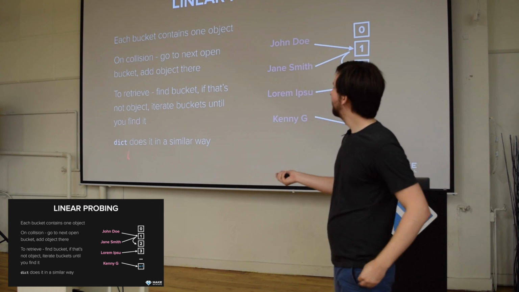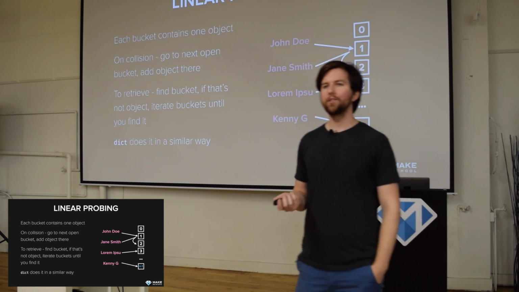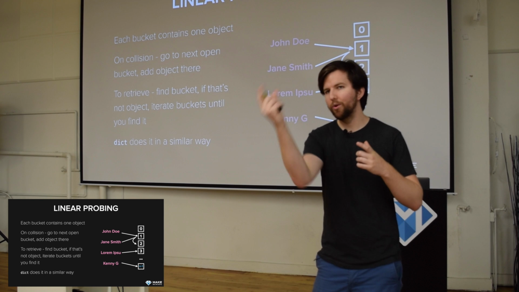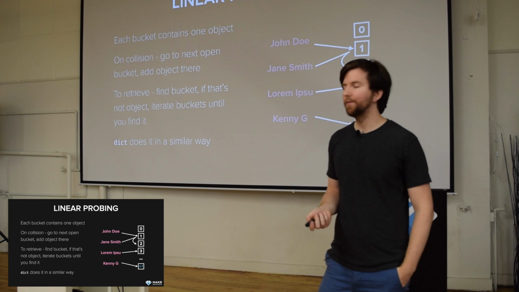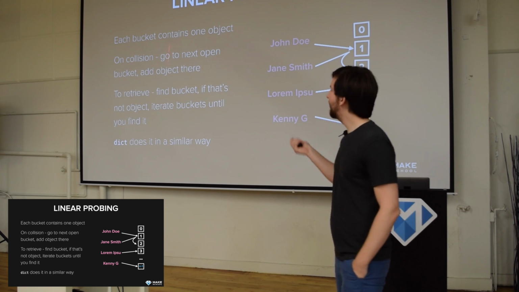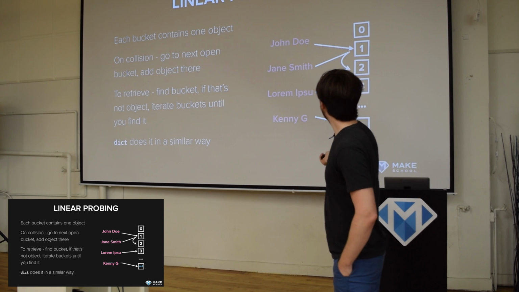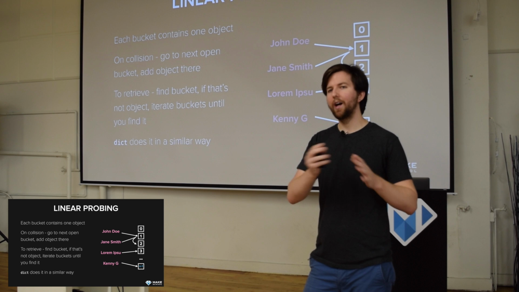So dict in Python does linear probing. When there's two input keys that map to the same bucket, it will search through sequentially until it finds an empty bucket and add it there. So this also means that if you want to implement a hash table with linear probing, you have to be careful because when you get to the last element, if you increment again, you'll have an off by 1 error, you'll be out of range.